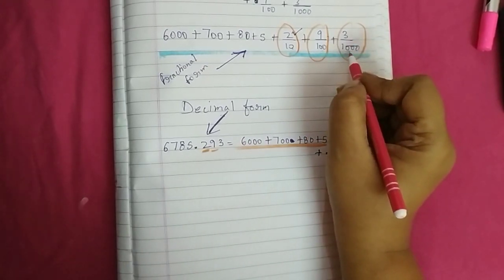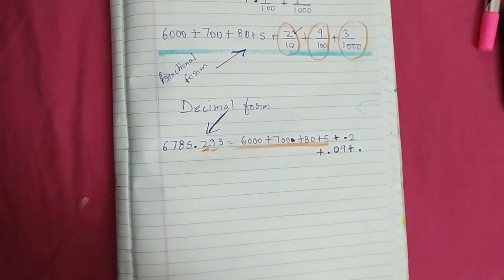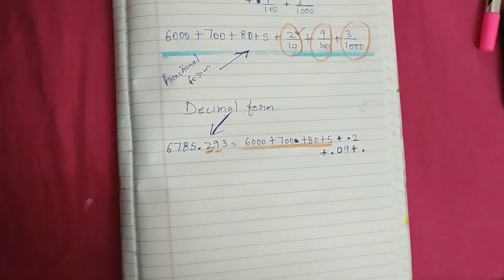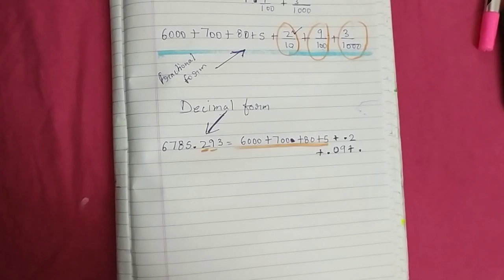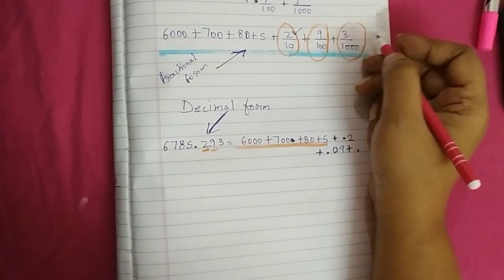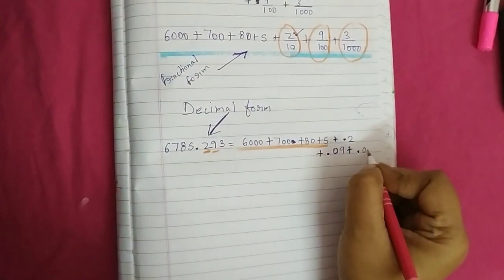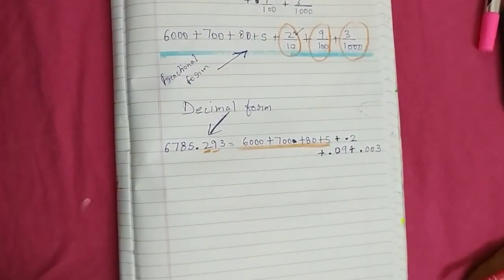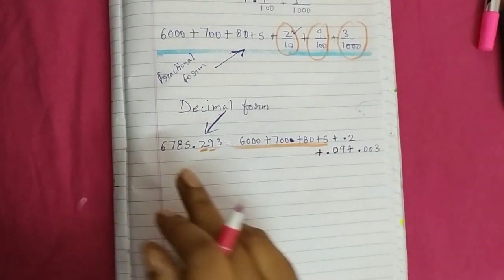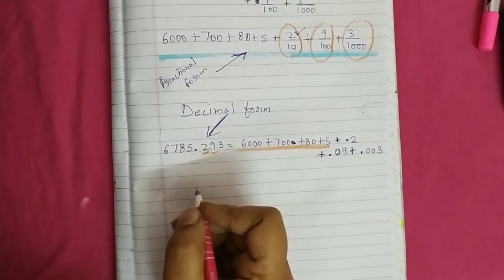Why? Because we are having 3 zeros in denominator. So children, how many zeros are we going to add? 2 zeros, because 1 digit we are having already. So after decimal, add 2 zeros and then write 3. So this is the decimal form of the expanded form of a decimal number.